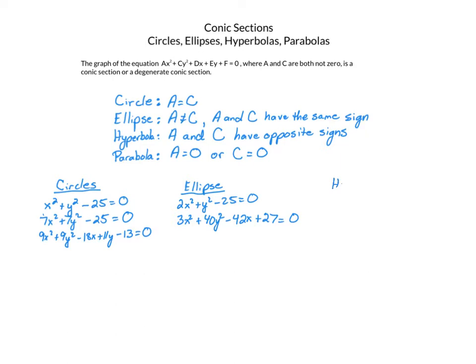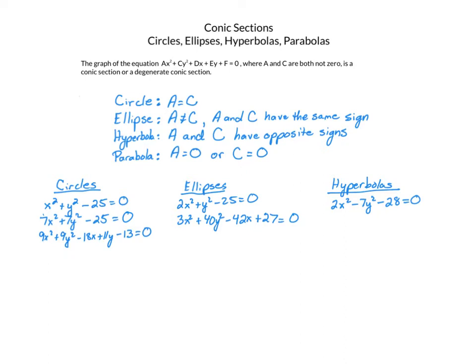How about equations of hyperbolas? We could have something like 2x squared minus 7y squared minus 28 equals 0. And we look at these coefficients and we see they have opposite signs, so our expectation is that we'd have a hyperbola.